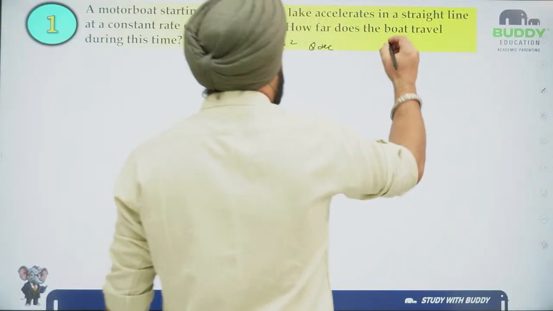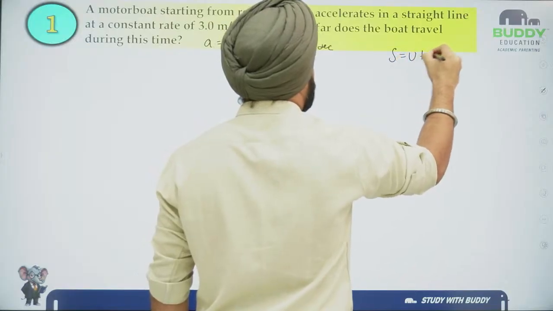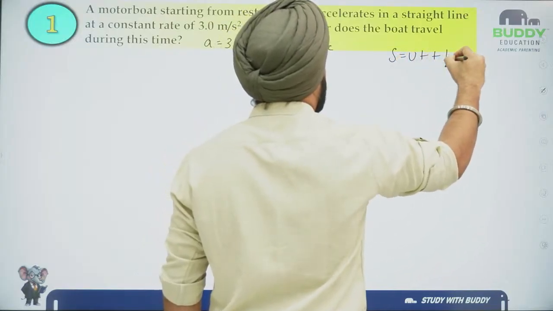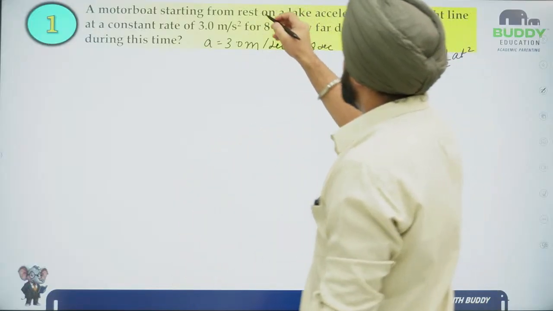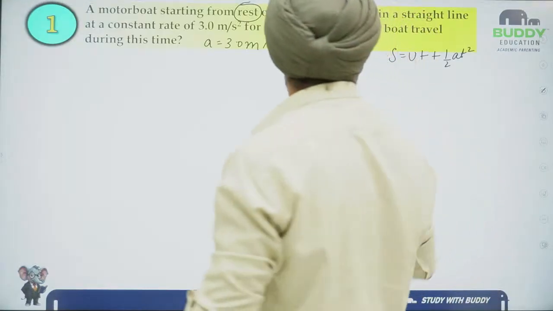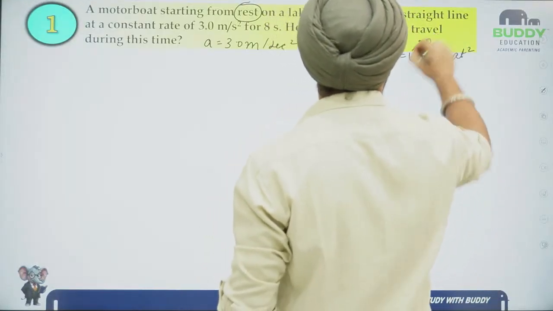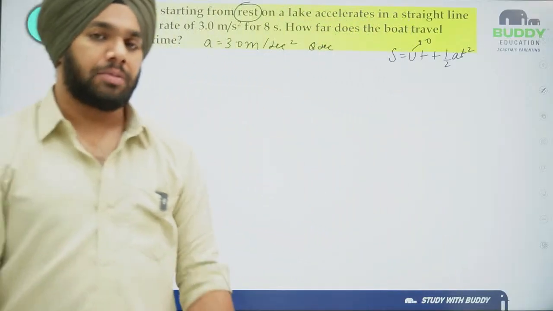So we can use the second equation of motion here: S is equal to ut plus half at square. Because the motorboat was starting from rest, the initial velocity becomes 0. So you need just two things now, acceleration and time.